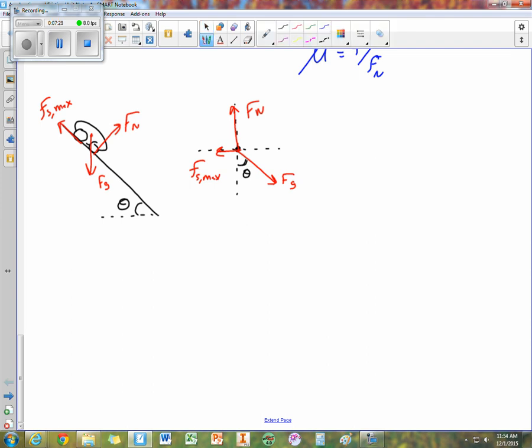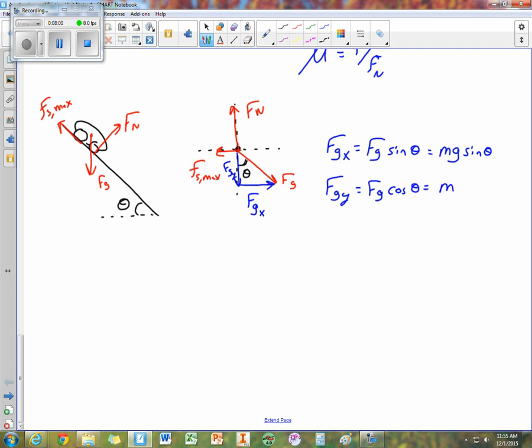Looking at this, we see that the gravitational vector can be resolved into its x and y components, where Fgx would equal Fg sine theta, or I could say mg sine theta, and Fgy would equal Fg cosine theta, or mg cosine theta.